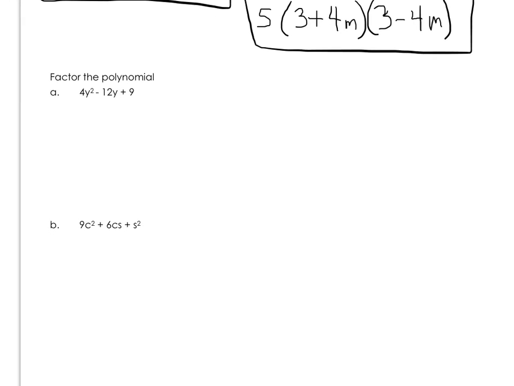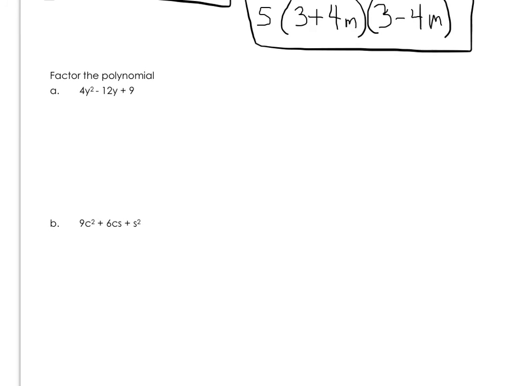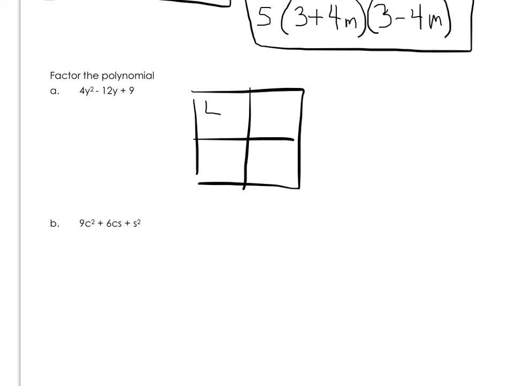Okay, so a couple more on here. So let's go back to the box, because that seems to be working out okay for us. Okay, so 4y squared and positive 9 makes 36y squared. Okay, two multiples of 36 that add up to negative 12 will be negative 6y and negative 6y.